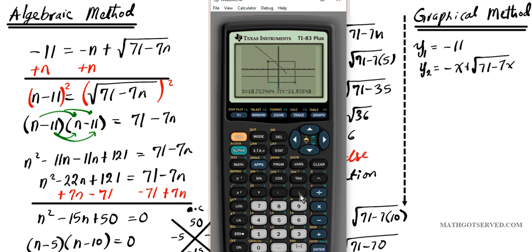All right, so enter. There goes the horizontal function, negative 11, and there goes the radical function. Okay, do they intersect? It doesn't look like they do.